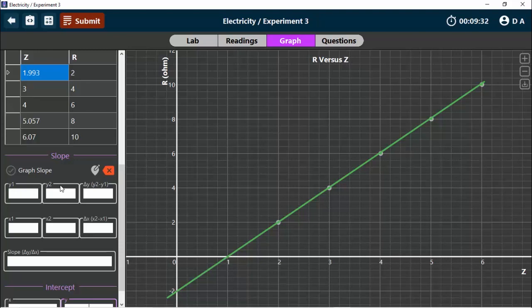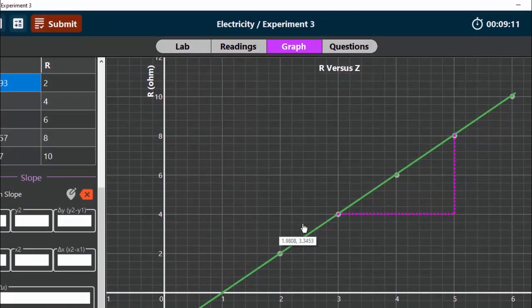The next thing to do is to get the slope. So to get the slope, I'm going to click on this slope pencil. Then I'm going to pick 2 points. So I'm going to pick this point and this point, the 2 points that I'm going to use to compute my slope. Ensure that the 2 points are on the line of best fit. On this very point, this is the x1 and this is the y1.